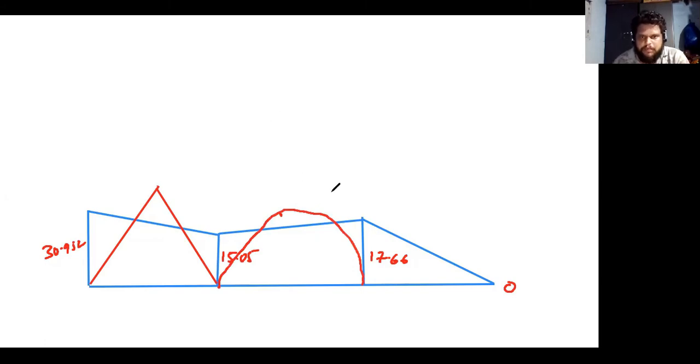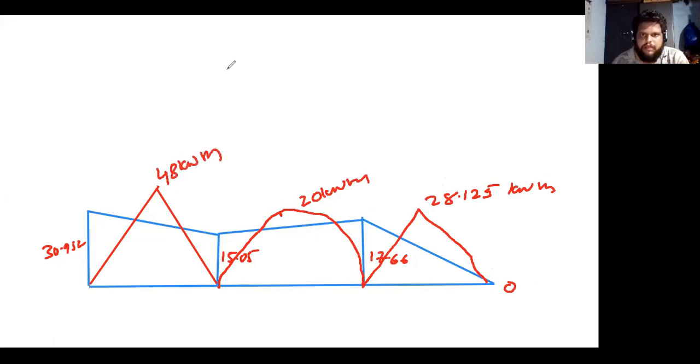Now this is for the parabola, and again also we'll be having one more loading. So this is how much? 28.125 kilonewton meter. So this is 20 kilonewton meter, and this is 48 kilonewton meter. Okay. Now I have to show you the negative and positive bending moment here.